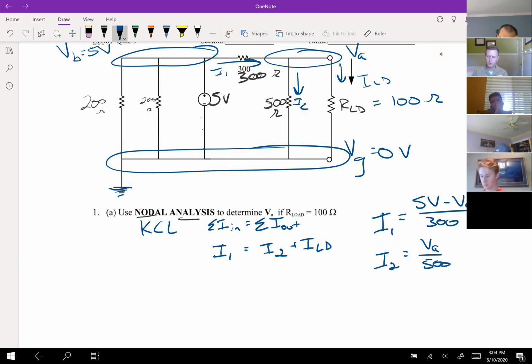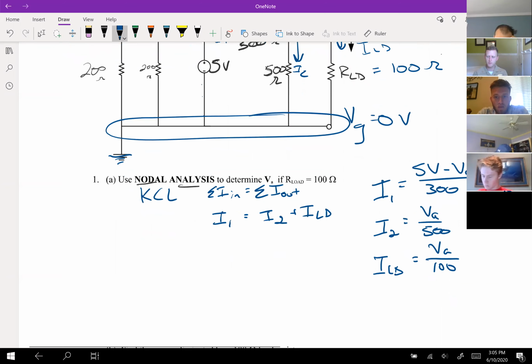All we're using here is Ohm's law, V over R, for each element. Across the 300 ohm resistor, there's current going through it, and its voltage is 5 minus VA. The voltage across the 500 ohm resistor is VA minus 0. And then I load is going from VA down to ground, going across 100 ohms, because they said our load was equal to 100 ohms.